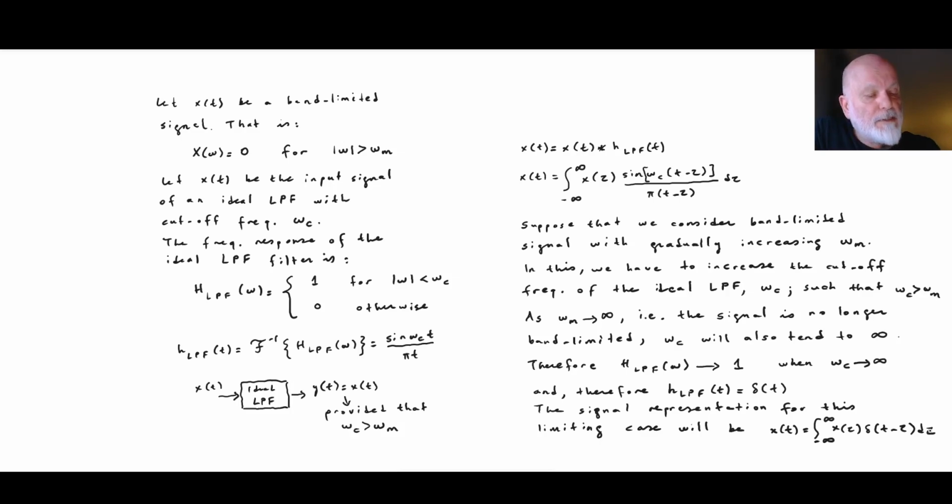So the impulse response becomes the impulse in that case, and we are able to observe this from the behavior of sine omega c t divided by pi t when omega c tends to infinity, and we obtain the signal representation for an arbitrary signal in terms of a superposition of shifted impulses.